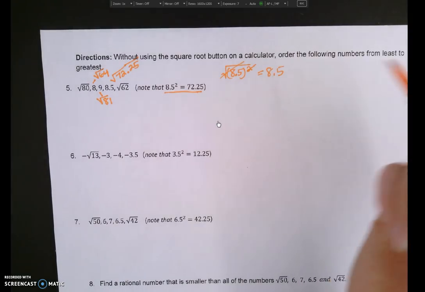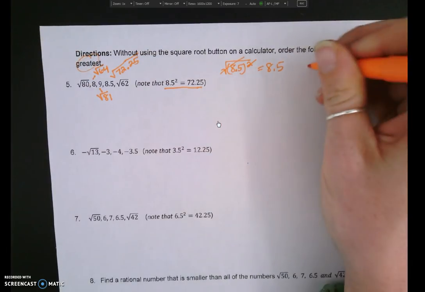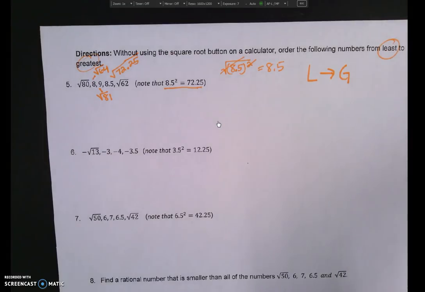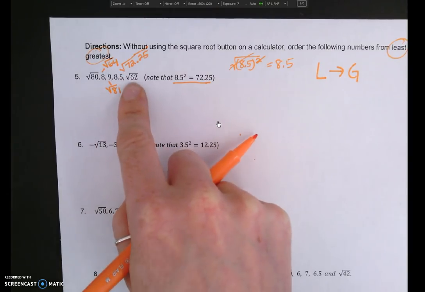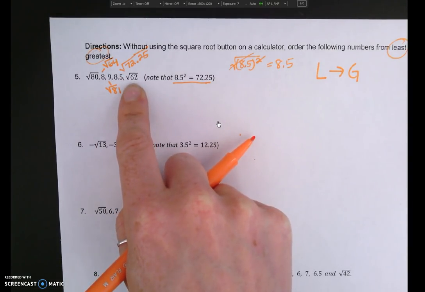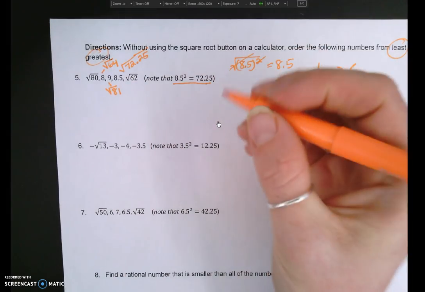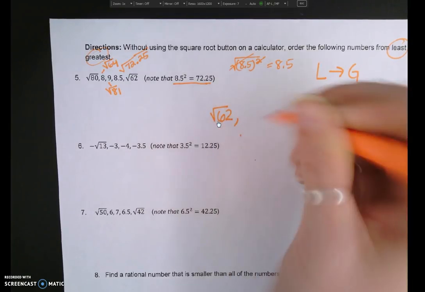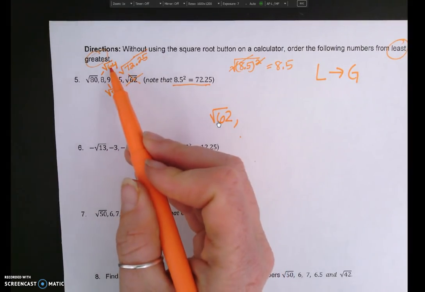So am I going least to greatest or greatest to least? Least to greatest. So I'm going to write that so I don't forget. If I want to go from least to greatest, the smallest number under the radical is 62. So radical 62 would be the smallest. Now, who's the next smallest here? 64.